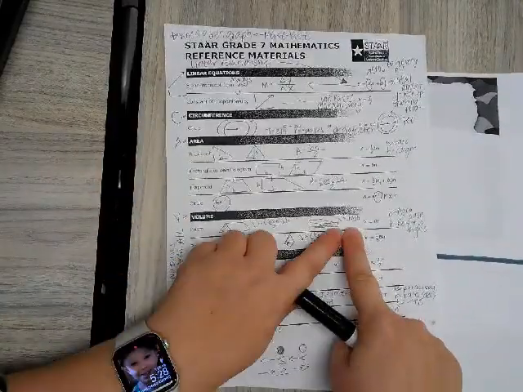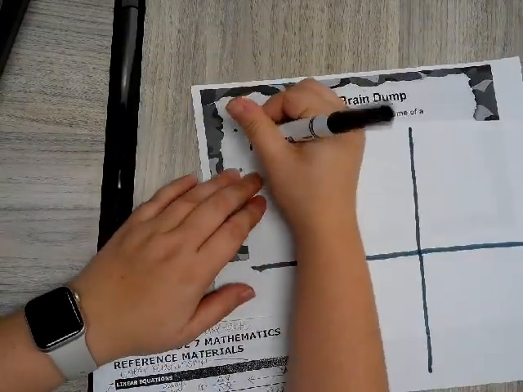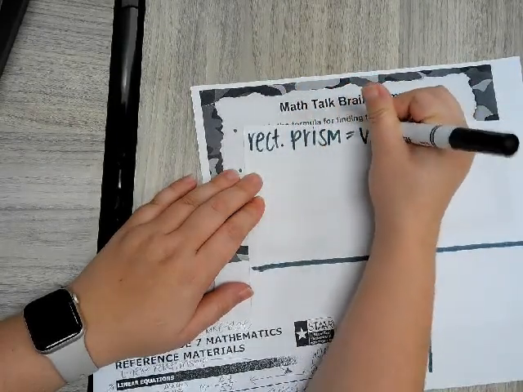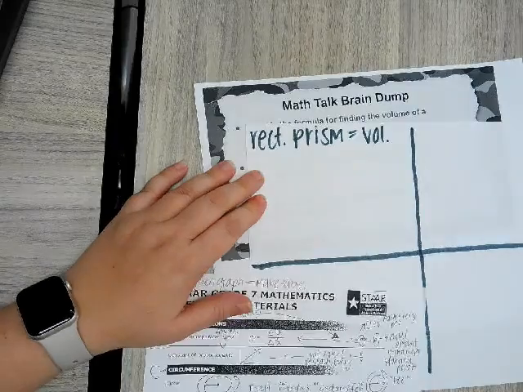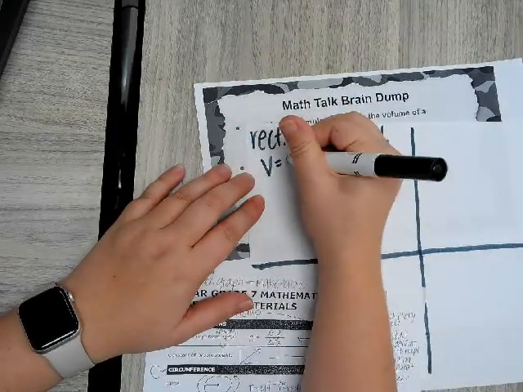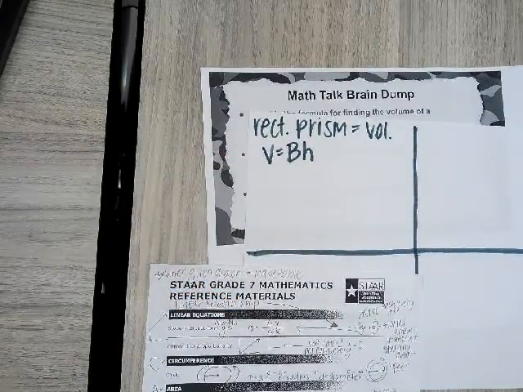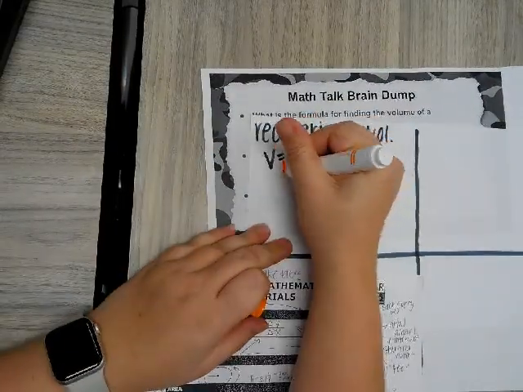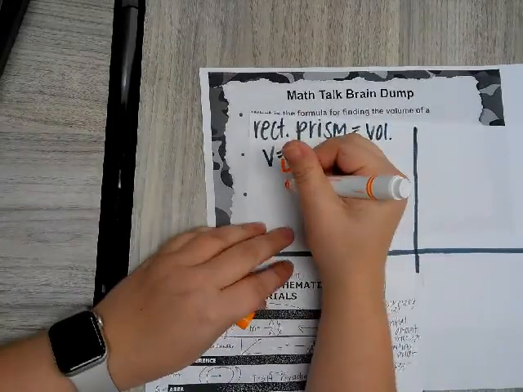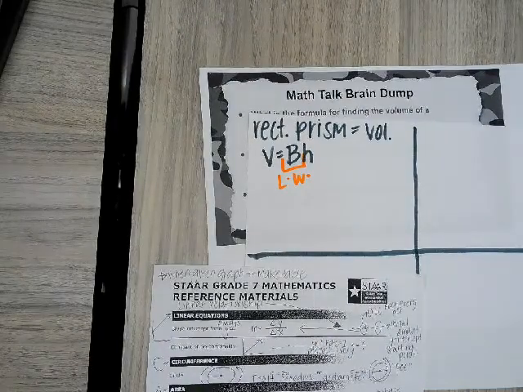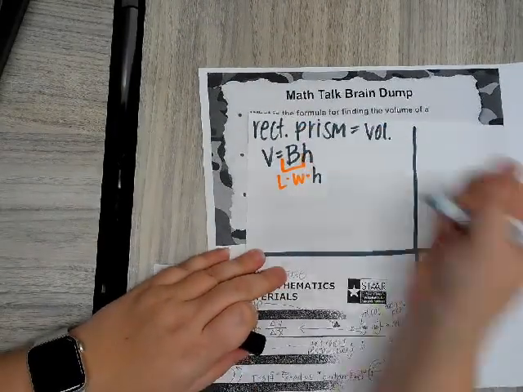Volume of a rectangular prism is V equals area of the base times the height. Remember, my area of the base is length times width. And then remember, I bring down my height.